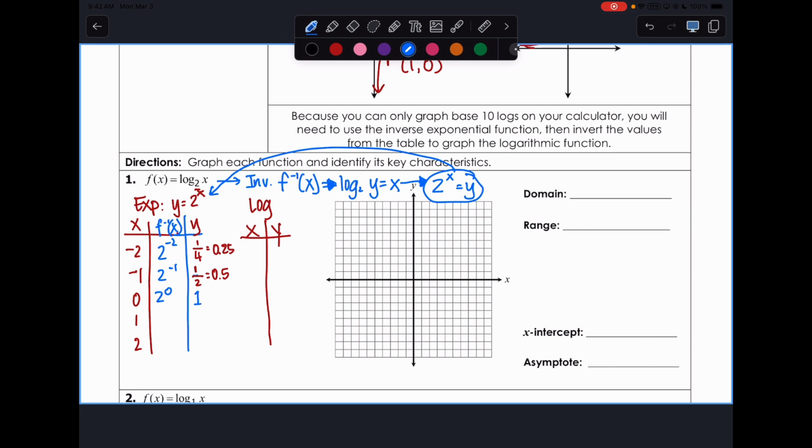I thought you said 0. 1, good. And then 2 to the first power is 2.